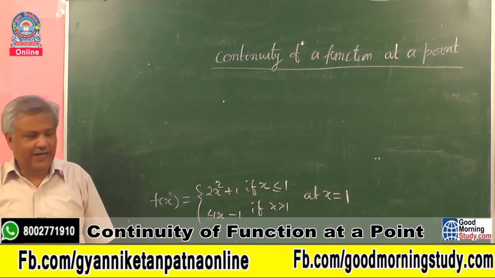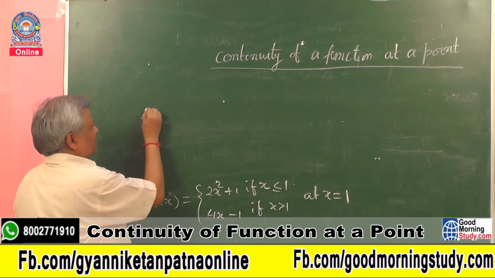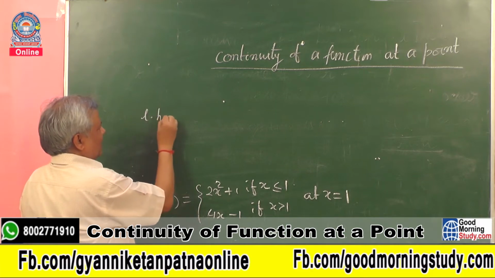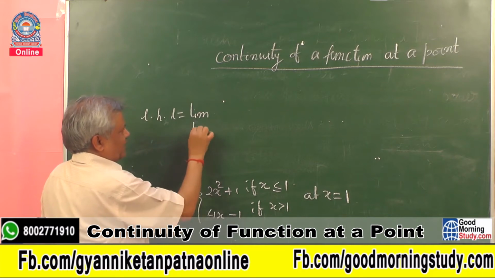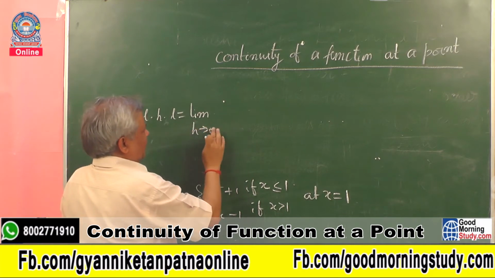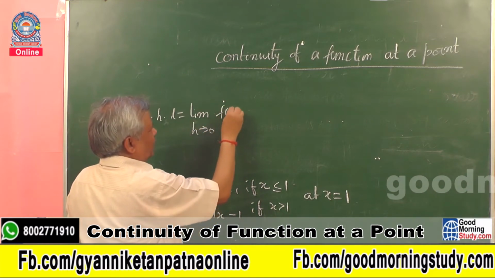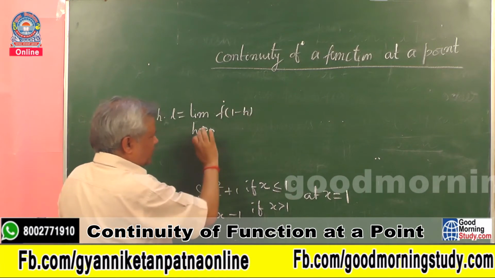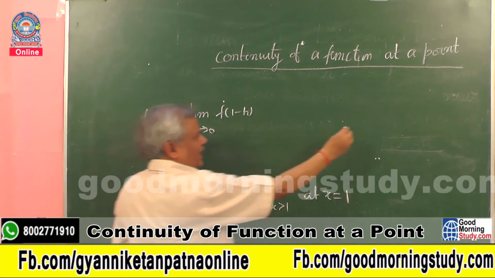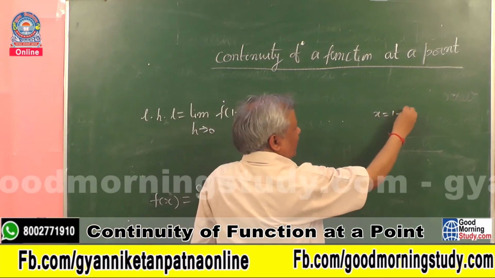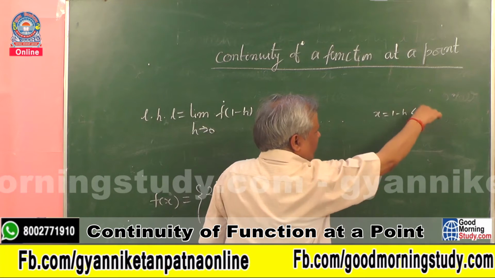So, firstly, I find here the left hand limit. In short, I write LHL, left hand limit. That is limit h tends to 0, f(1 minus h). 1 minus h is smaller than 1. Here, in place of x, we are having 1 minus h. Obviously, it is smaller than 1.